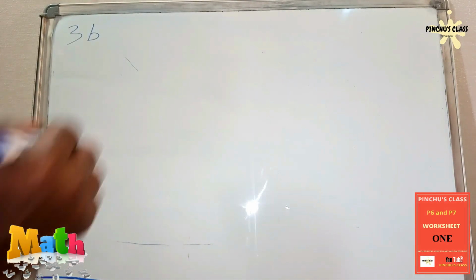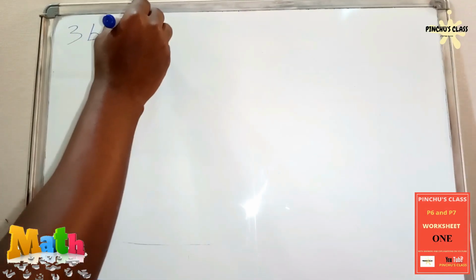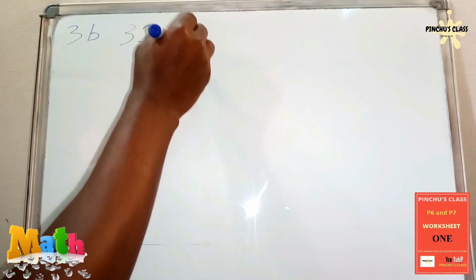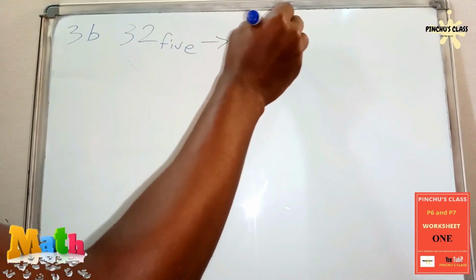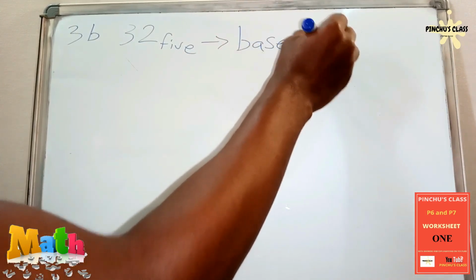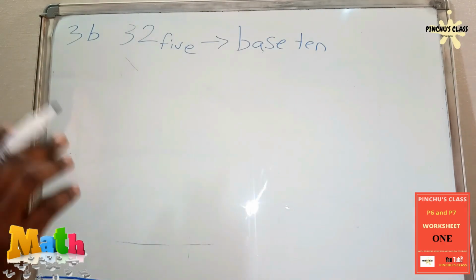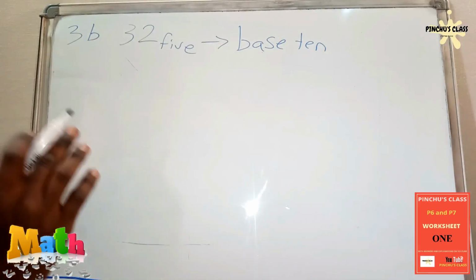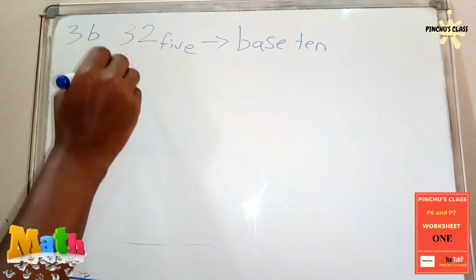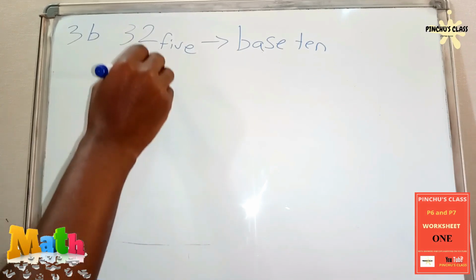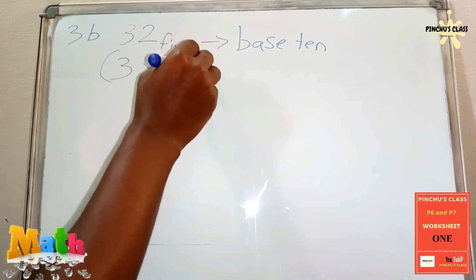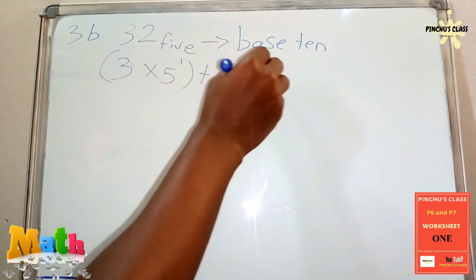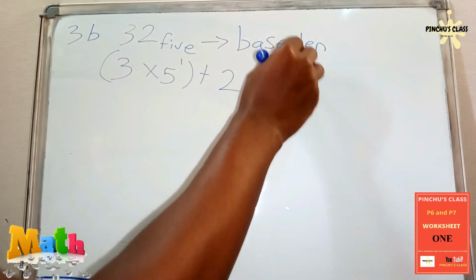3B, we are changing 32 base 5 to base 10. Okay, so here, when we are changing from any other base to base 10, we expand. So we're going to expand this. So 3 times 5 power 1 plus 2 times 5 power 0.